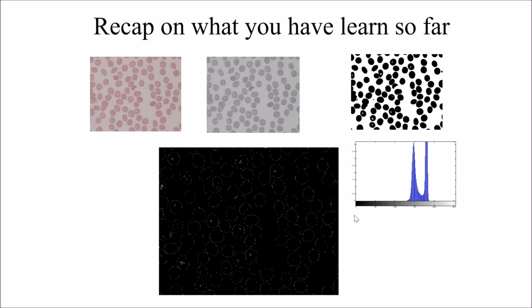So let's recap what we have learned so far for segmentation. This is the first example in which you use the threshold in order to separate the foreground from the background. Most of the analysis can be done by looking at the histogram of the image, in which you can decide whether we should use the global or the local method to threshold this image based on the distribution of the histogram.